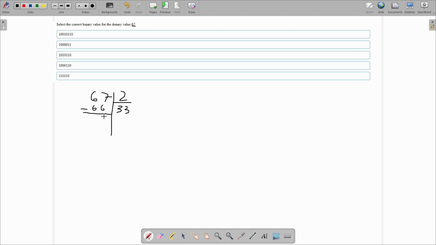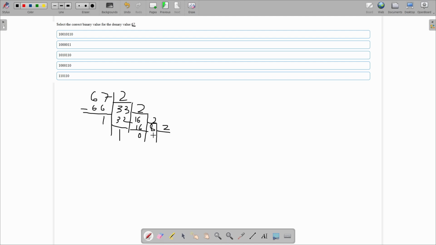So do some subtraction, we get 1. Then we just continue until we get a number that we can no longer divide by 2. What number multiplied by 2 gets us close to 33? 16. 32, we get 1. Divide by 2 again, we get 8. 16, 0.